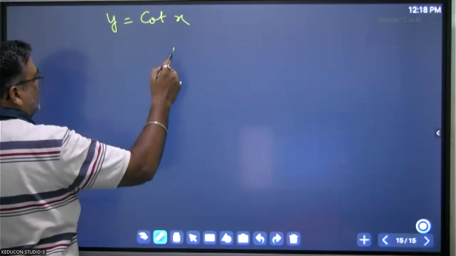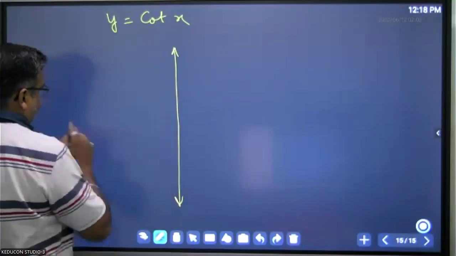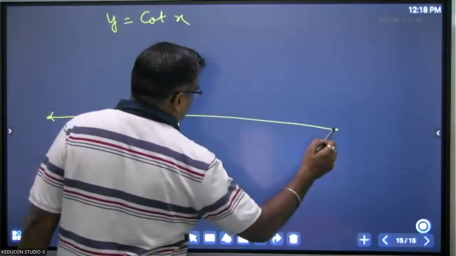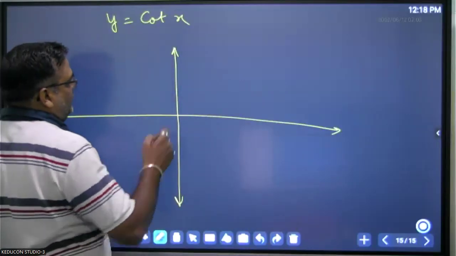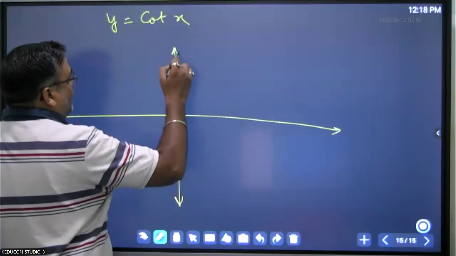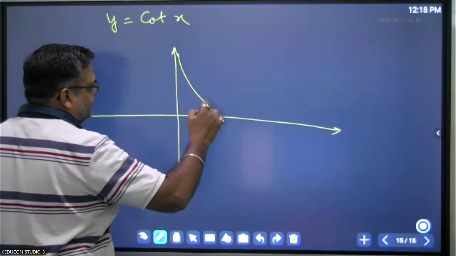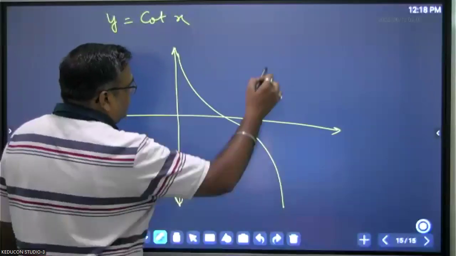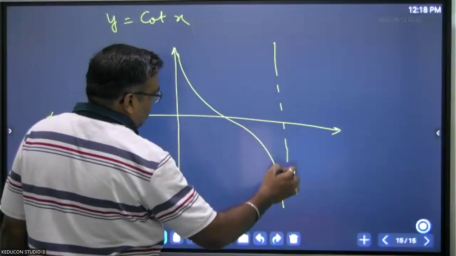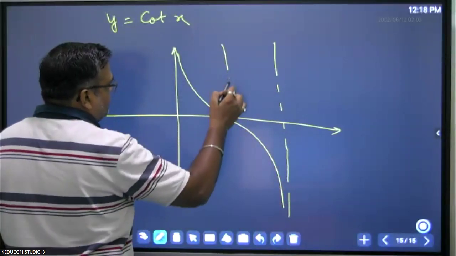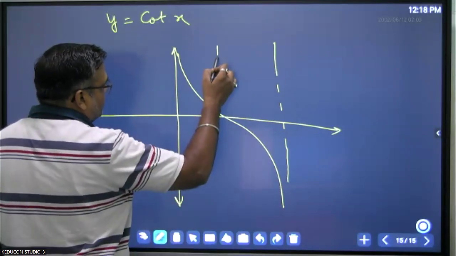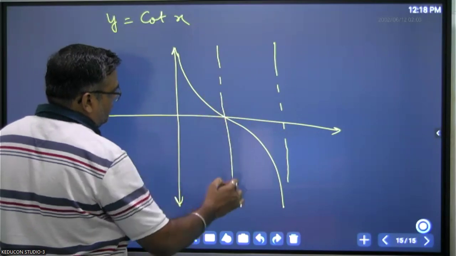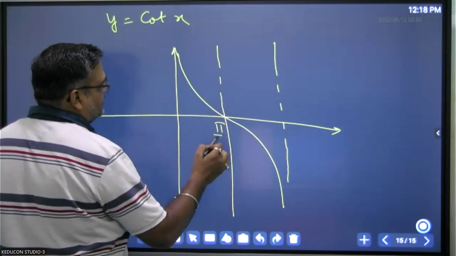there is a little difference, as there is between sine and cos. Now when you draw the graph of cot, it is like this. This is pi by 2.